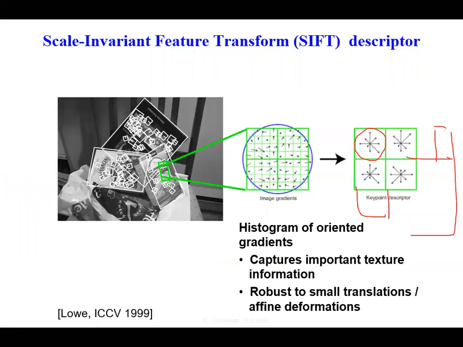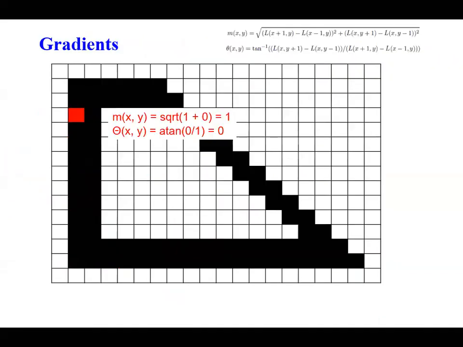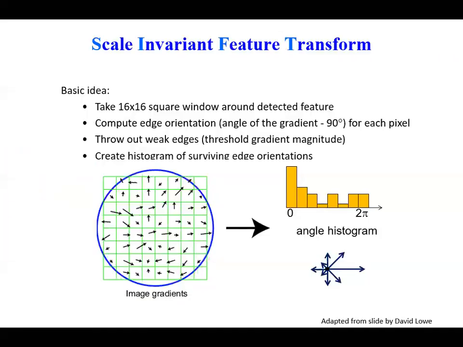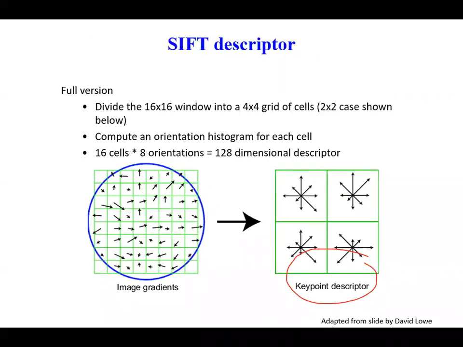It's not like that here, it's just for simplicity. It is 4x4, each one has 8 orientations, then you can count them, and at the end you have 128 of these. After doing the histogram from 0 to 2 pi, you will have a histogram for each of these quarters. Okay, so now we have the 128-dimensional descriptor.